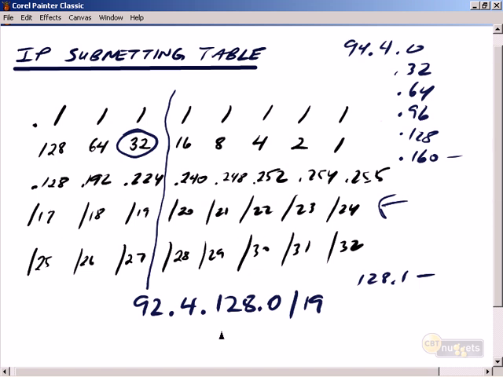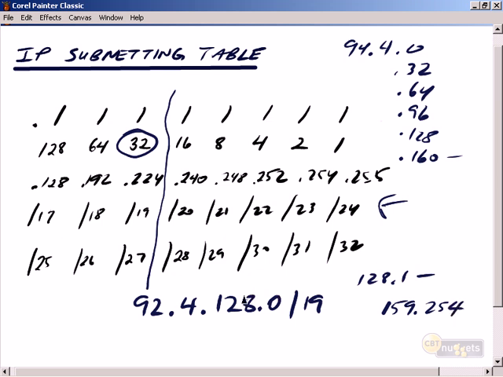So this cannot be 160. So it's going to be 159, and the next number underneath 160 is actually 159.255, right? But we can't use 255 because that's the directed broadcast on the 92.4.128.0/19 network. So it needs to be 254.